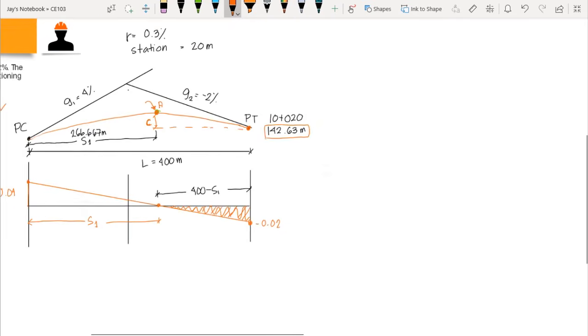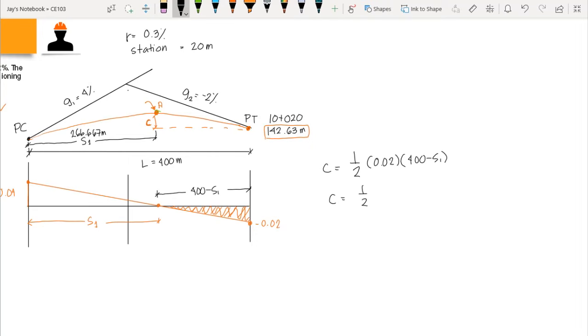So we have to compute the area of our grade diagram. We have C is equal to 1/2 times 0.02 times 400 minus S1. And that is, C is equal to 1/2 times 0.02 times 400 minus, now we already know that the value of S1 is 266.667.